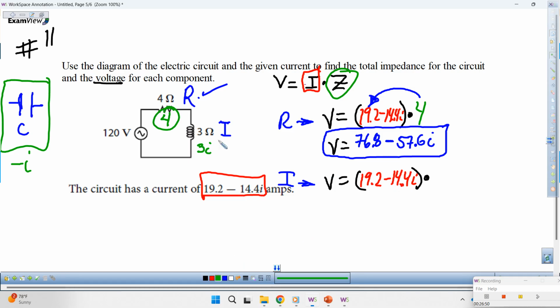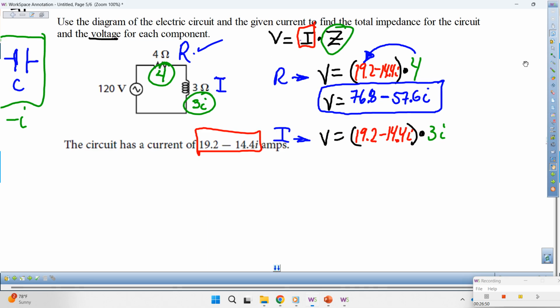But now the impedance, or the Z, is what? 3I. Here we go. Voltage equals, let's see. I'm going to do the numbers first like this. 3 times 19.2 is 57.6, and that is I.